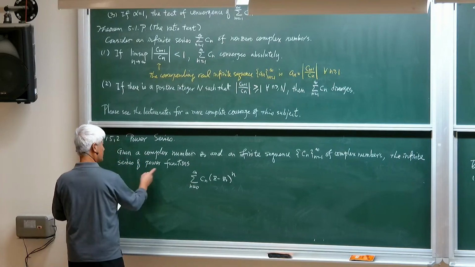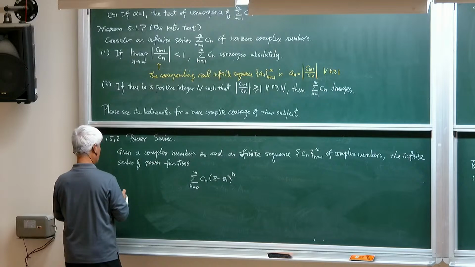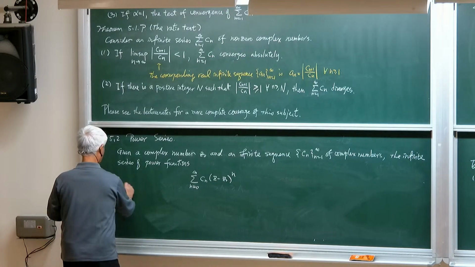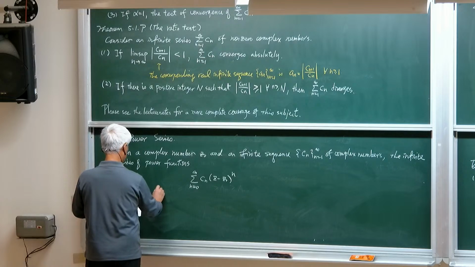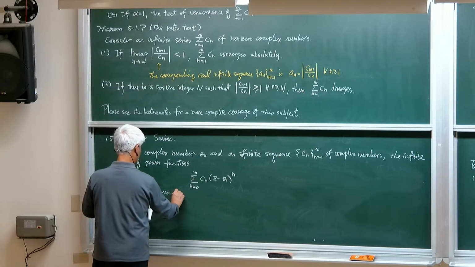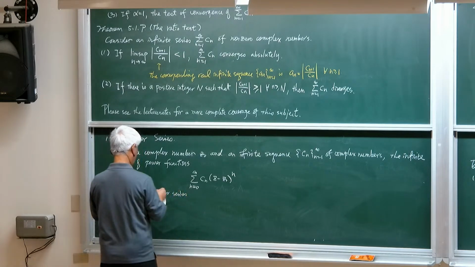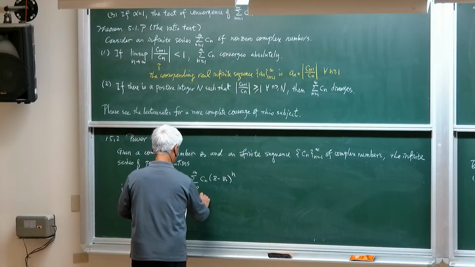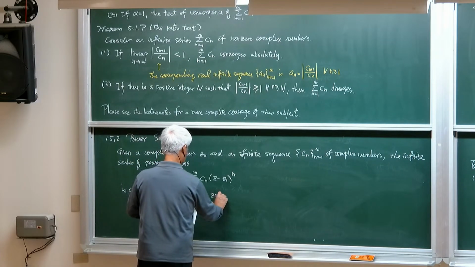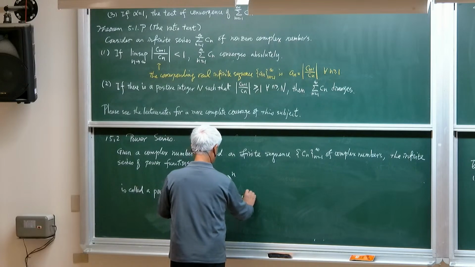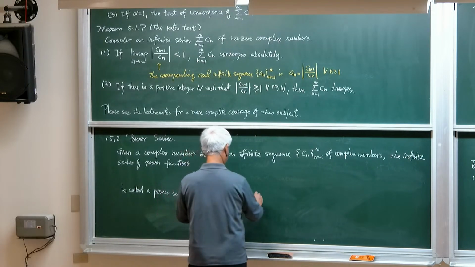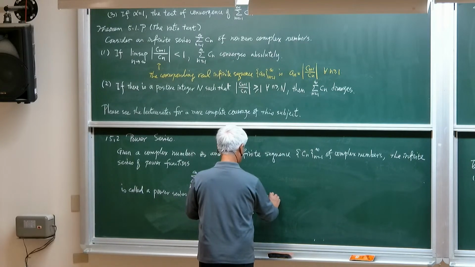So this infinite series of power functions is called a power series about z equal to z sub 0, where z sub 0 is called the center.